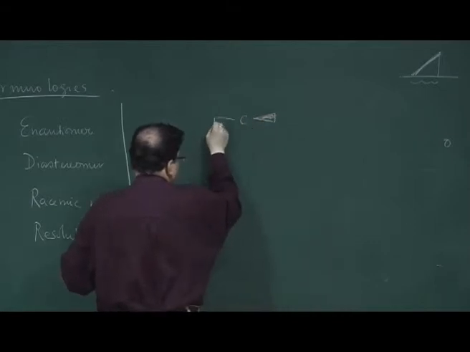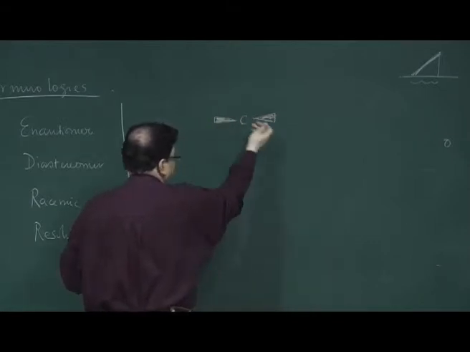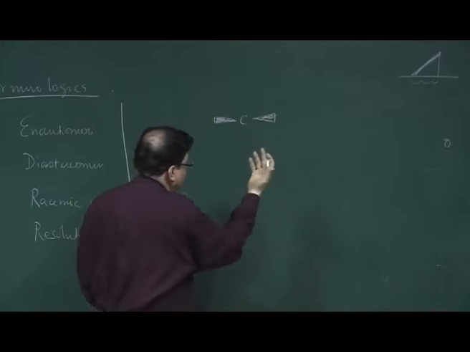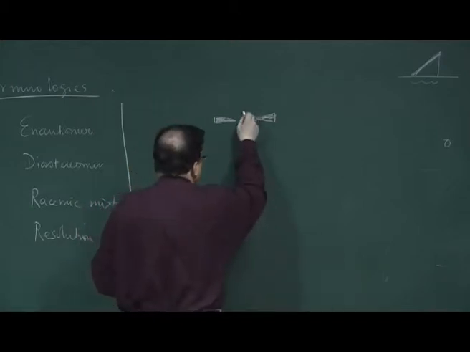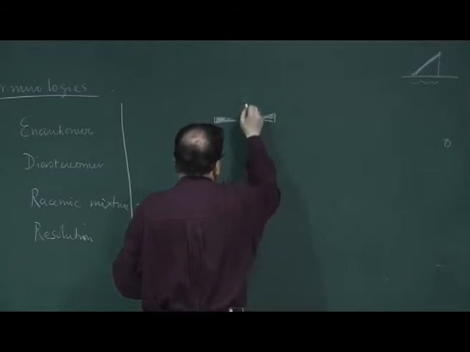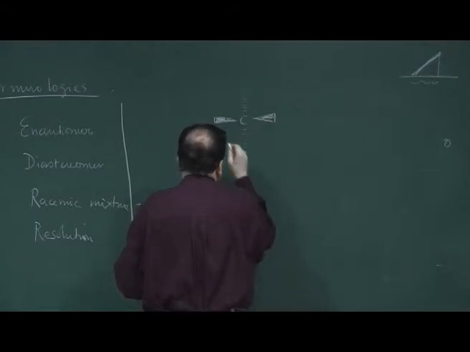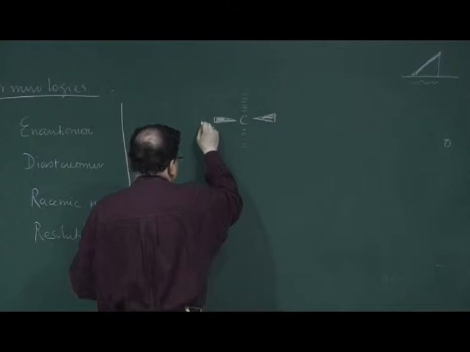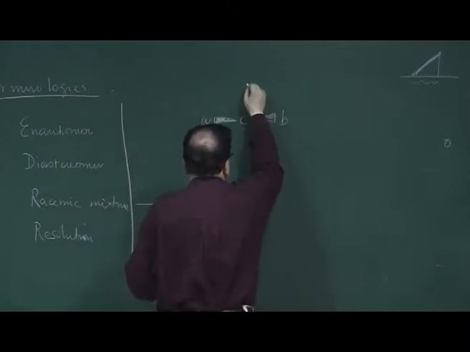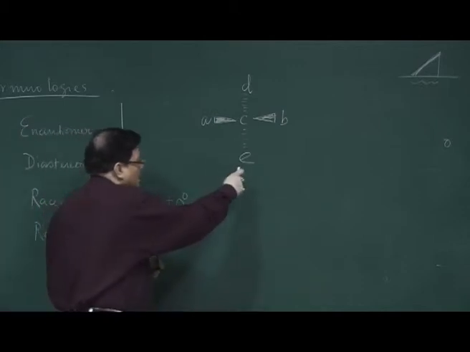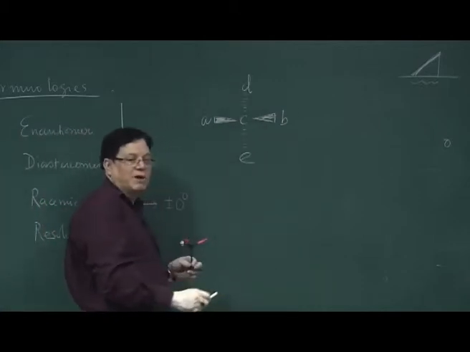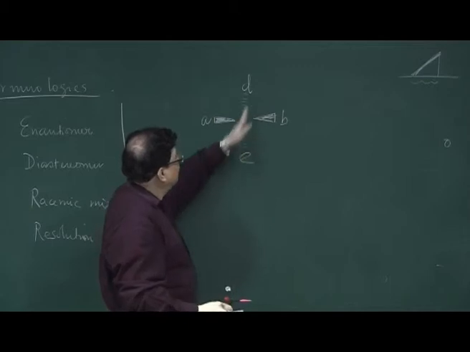These 2 bonds are towards the observer because they are above the plane of this board, and the other 2 bonds will be away from the observer, but they are in the vertical line.